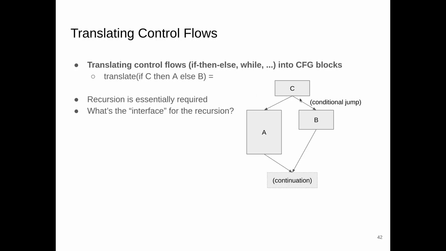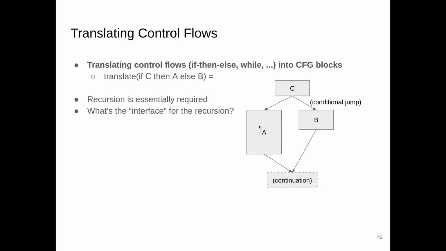We first translate the C here. There can be a bunch of instructions that calculate the value of C. And depending on the value of C, you jump to A if it is true, or you jump to B if the conditional value is evaluated to 0.